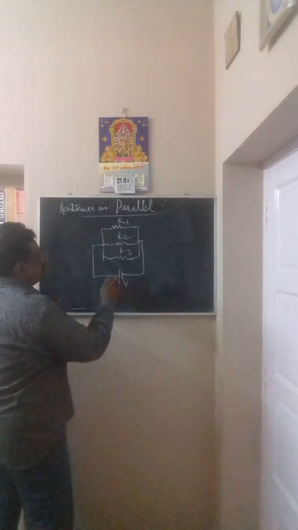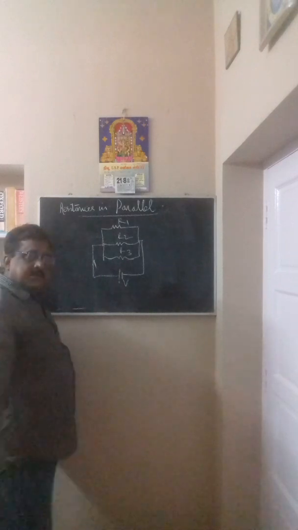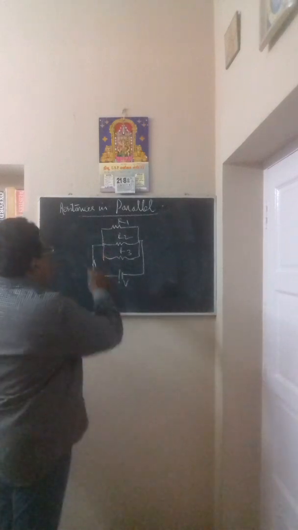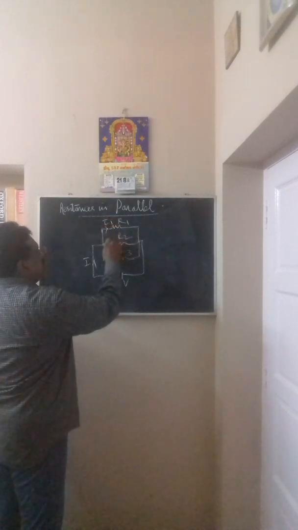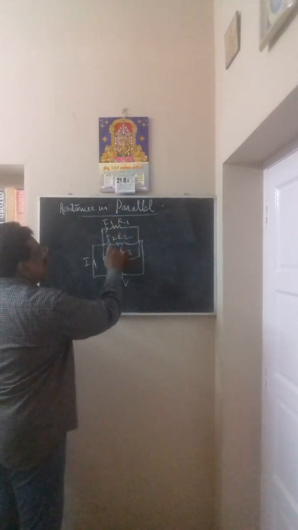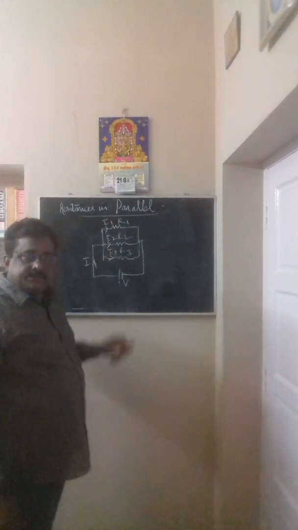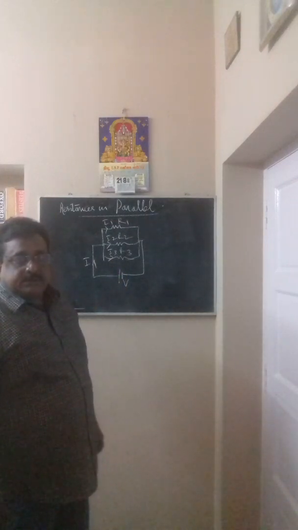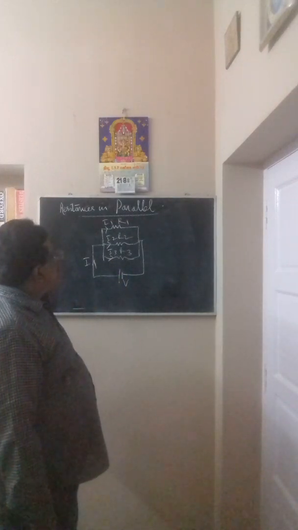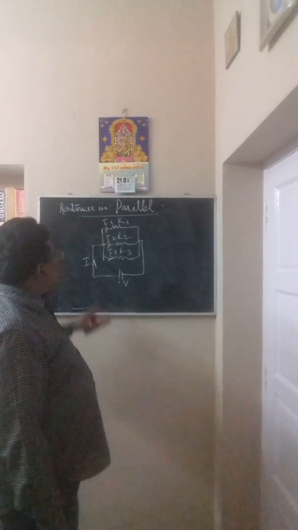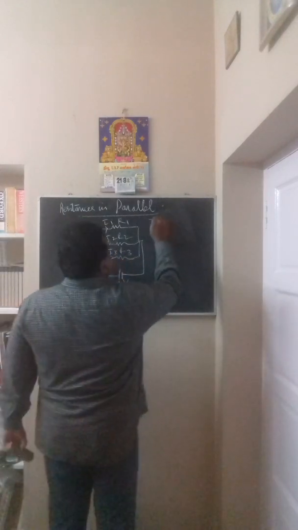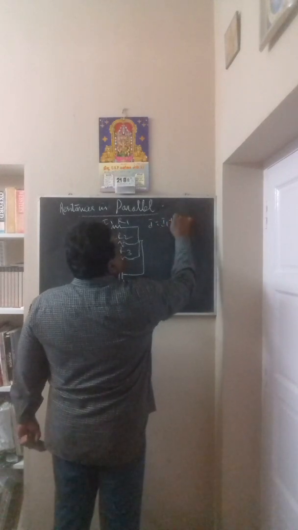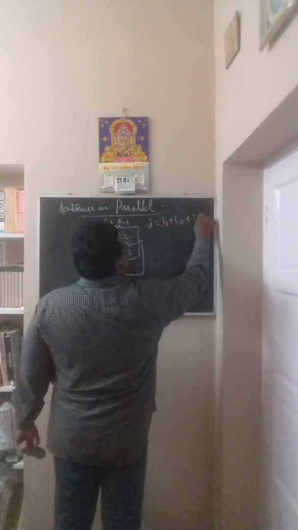So the current flowing from this battery V will be I, which will get divided as I1 in R1, I2 in R2 and I3 in R3. Now since the current is divided, I can say I is equal to I1 plus I2 plus I3.